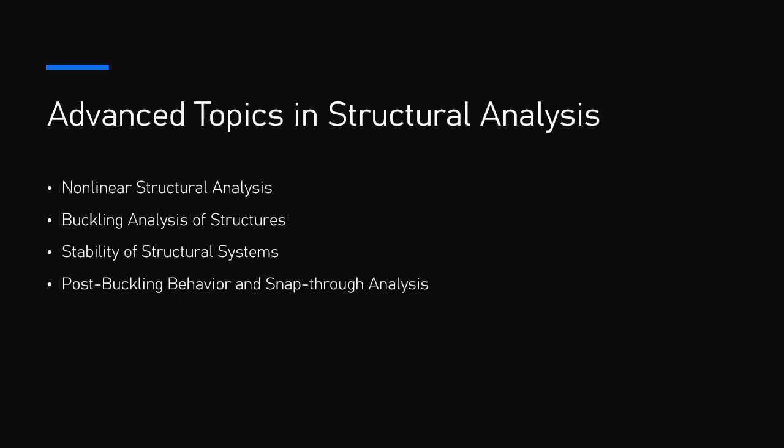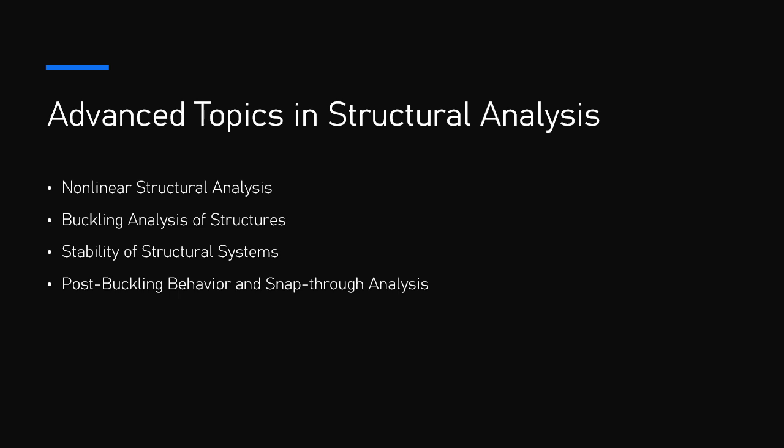2. Convergence issues. The iterative solution methods may encounter convergence difficulties, especially in highly nonlinear systems with significant geometric or material nonlinearities. Ensuring that the solution converges to a physically realistic result requires careful selection of solution techniques and convergence criteria. 3. Modeling challenges.